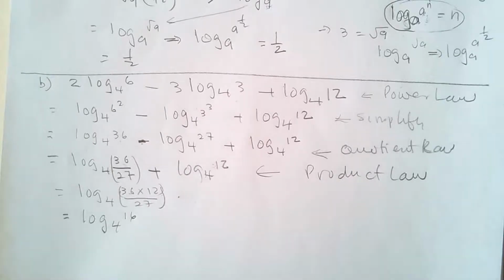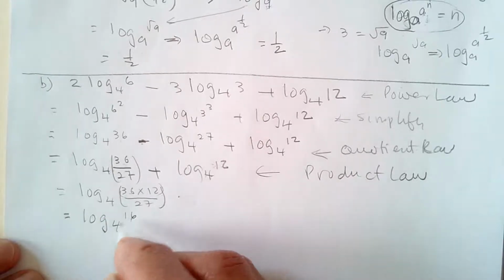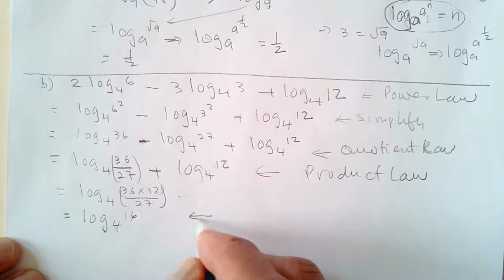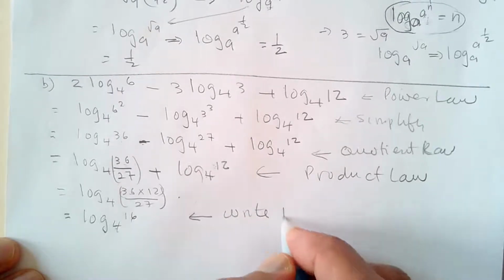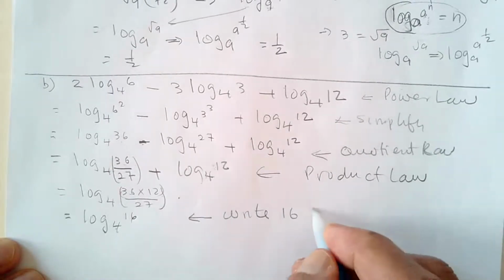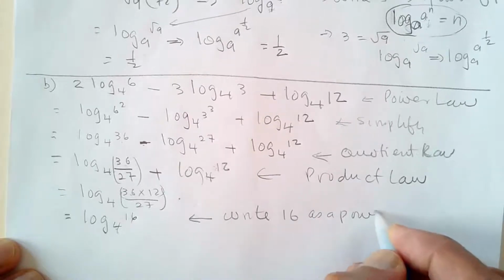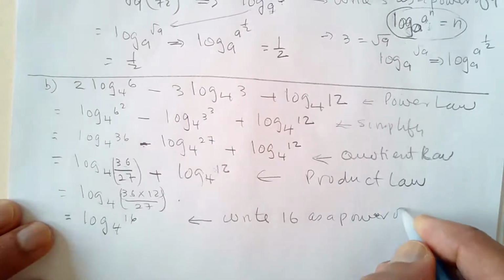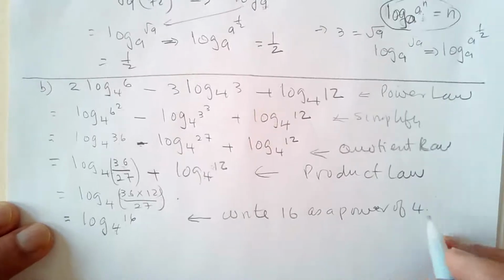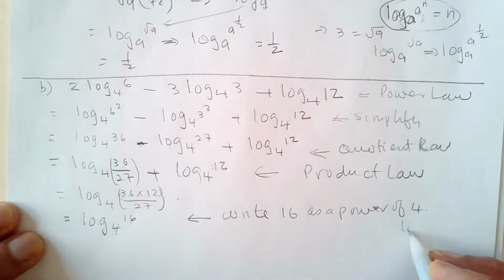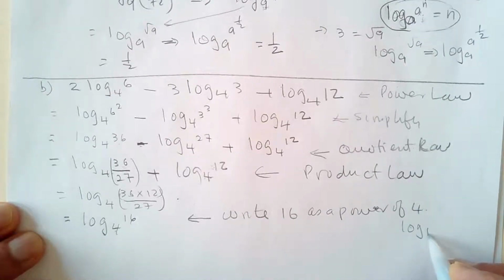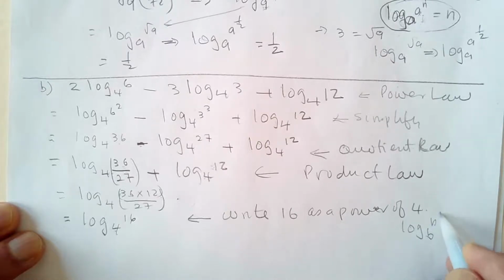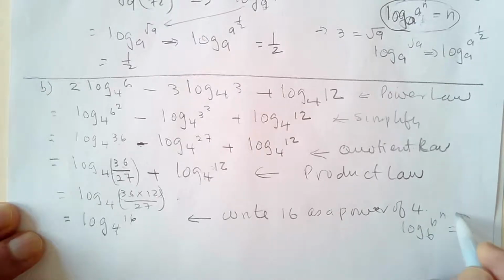Next, we're going to write 16 as a power of 4. And that is because we want to use this principle, right? Log b to the b^n is equal to n.